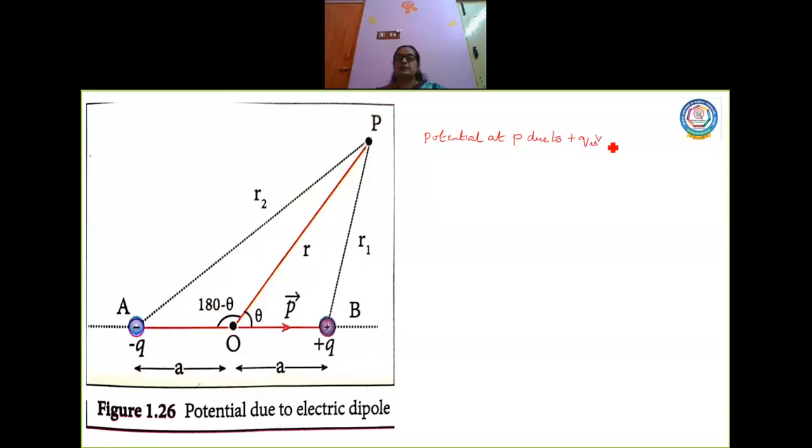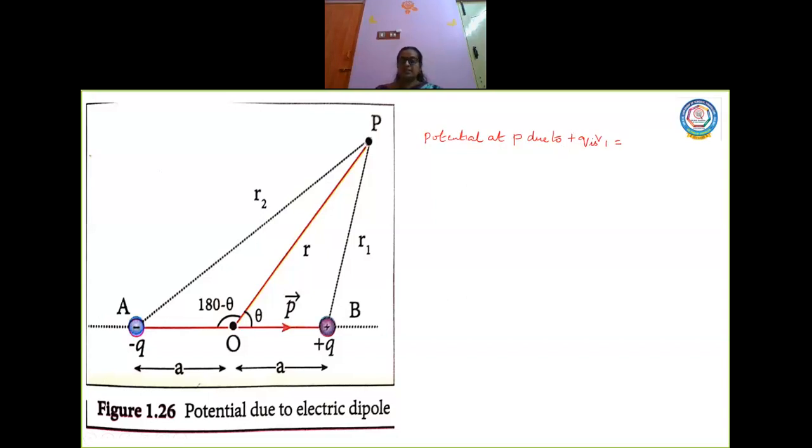Yesterday we discussed the potential formula due to a point charge, which is Q by 4 pi epsilon naught R. With respect to plus Q, let me take the potential as V1, and for minus Q it will be V2.